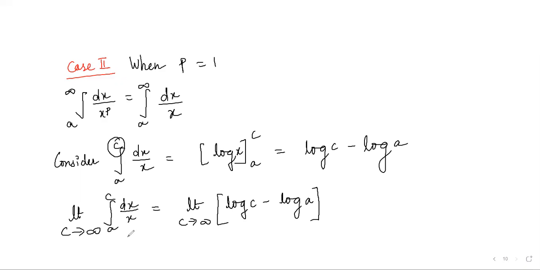Now here we have log c and c is tending to infinity, so it will not exist, because limit c tending to infinity of log c will be infinity.